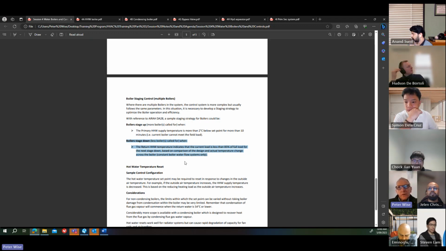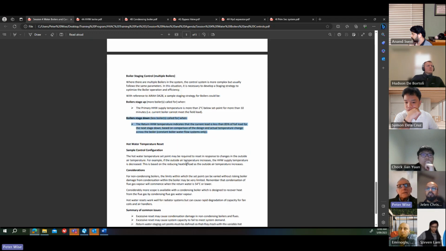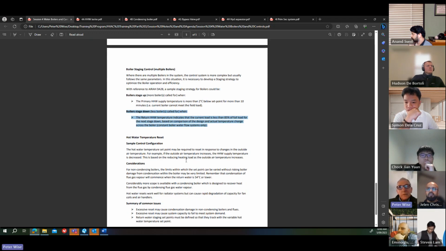It knows what the control valve positions are. It's looking at the temperatures in and out of the boiler and saying, well, actually, we don't need 2 boilers running or 3 boilers running. We can do it with less than that. And the boilers often come with their own control systems that look at all those parameters and decide how to control it. And it's all about energy efficiency, principally, and the best operating conditions for the boilers.